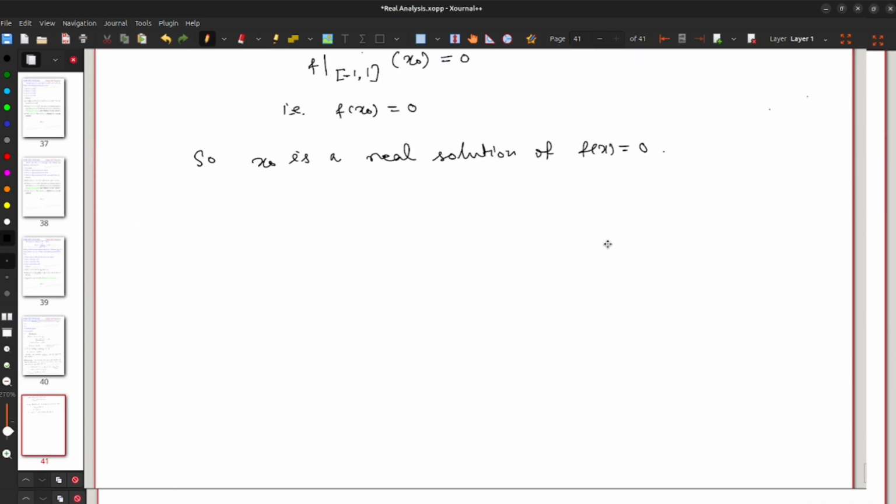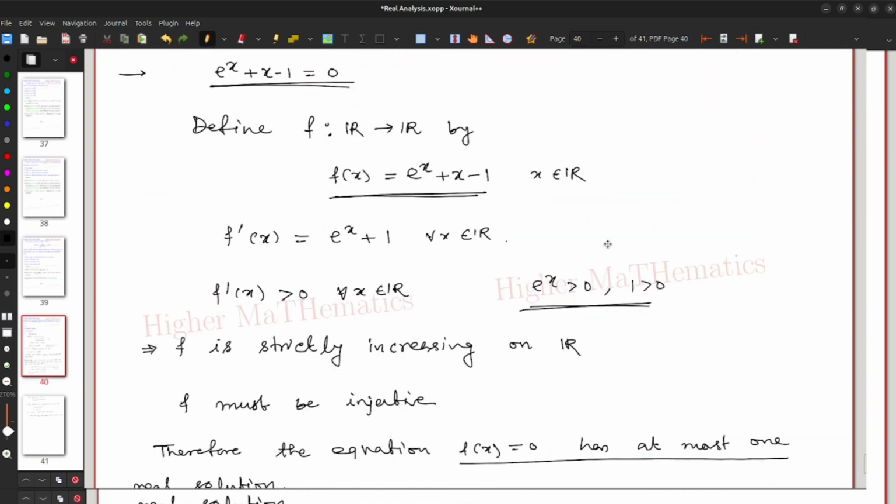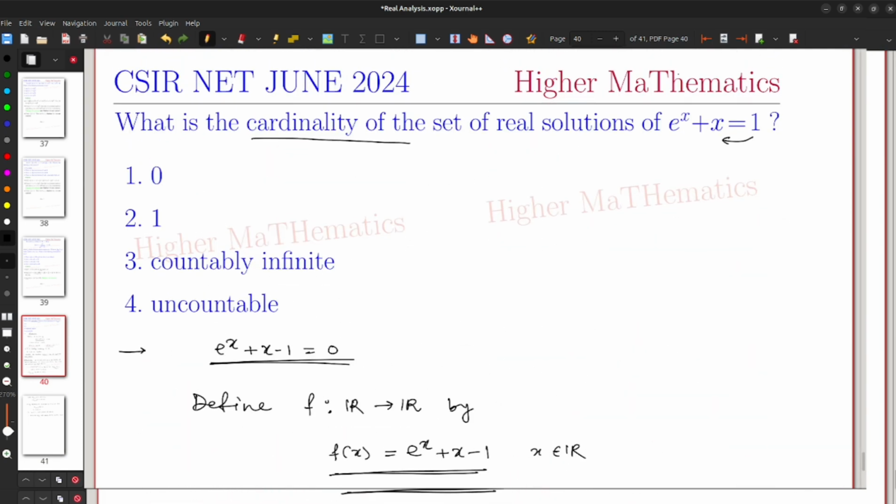Therefore, we can say that x0 is the only real solution of the equation f of x equal to 0. Therefore, the cardinality of the set of all real solutions of the equation e to the power x plus x equal to 1 is 1. So option 2 is true.